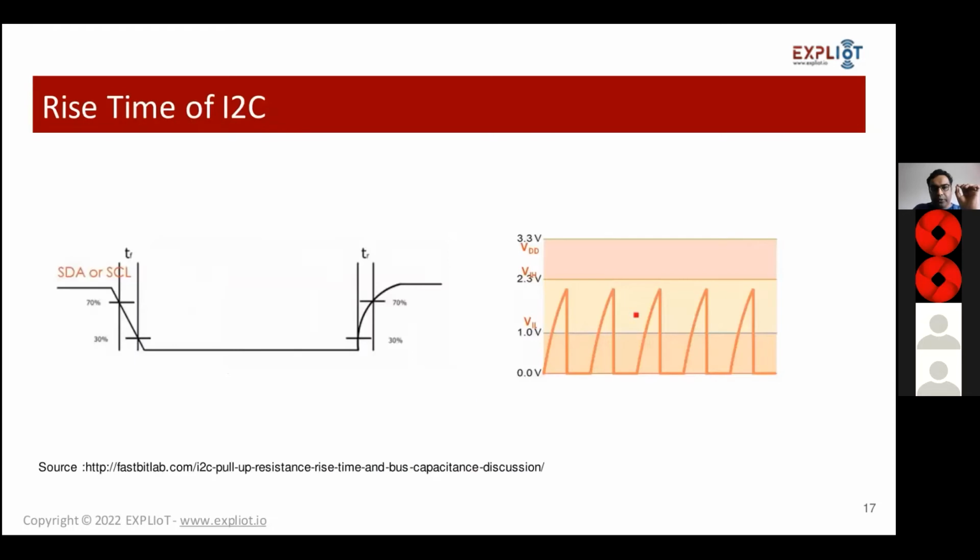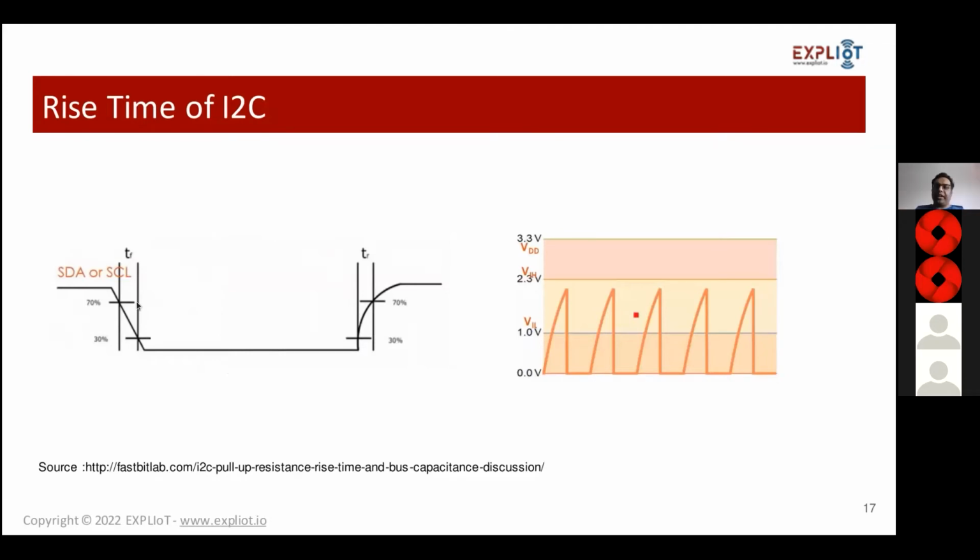Now, coming to the next level, this will also affect the rise time of the communication. On the left, if you see either the SDA or SCL line, there are two threshold levels, 30% and 70%.